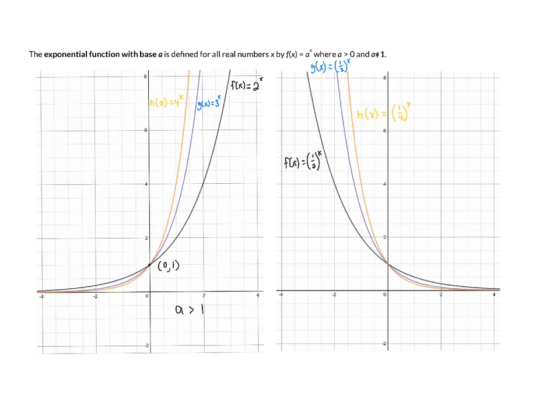On the other hand, if our base is between 0 and 1, then we're going to see the opposite. It's going to be going down as it moves to the right and up to the left. However, in all of these examples, we still have the point (0, 1), and we also have a horizontal asymptote at the x-axis. So these all do still have a lot in common.